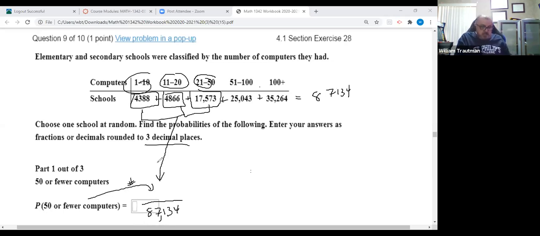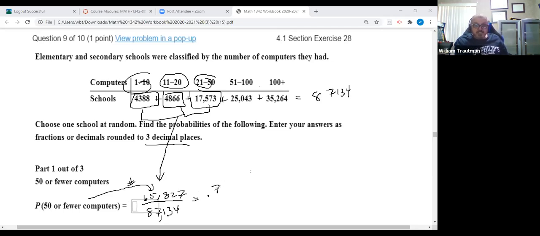So 4388 plus 4866 plus 17,573. And when I added those up, I got 65,827. And I'm going to put that in my calculator, divided by 87,134. It says round to 3 decimal places.